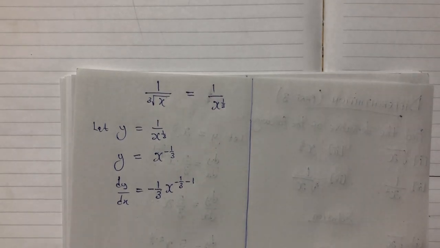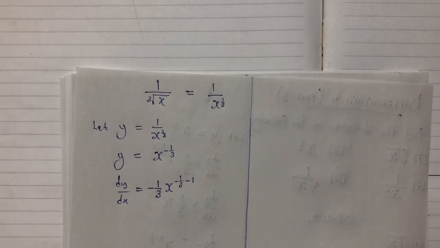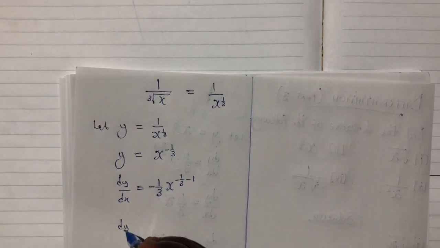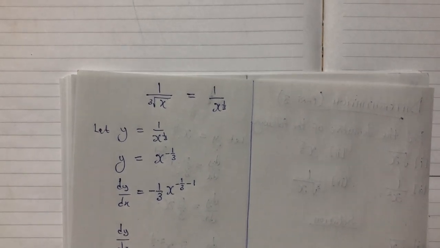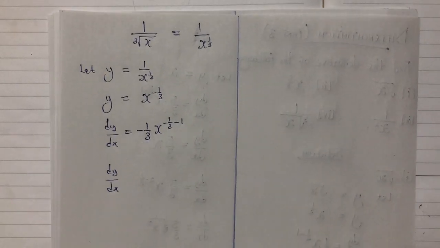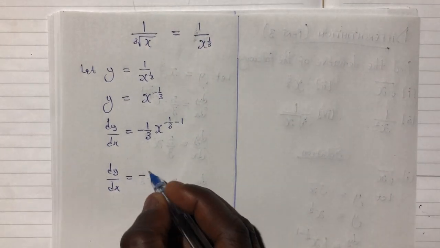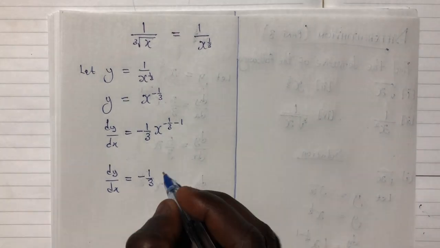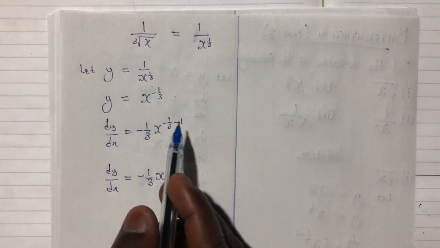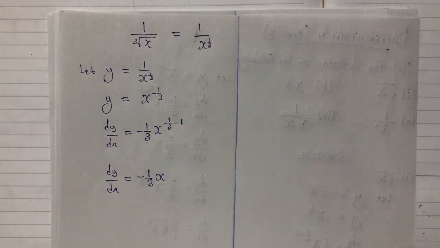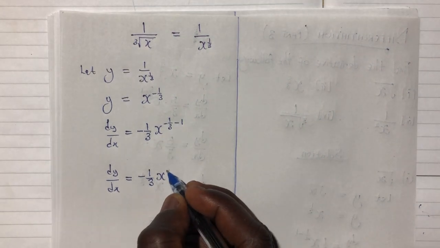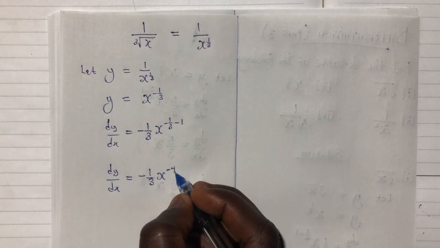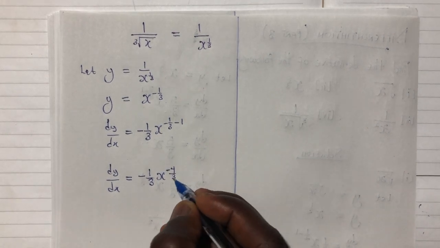So we reduce the power by 1, and we have dy out of dx being equal to minus 1 out of 3 x. You can punch this side on the calculator, giving us negative 4 out of 3.